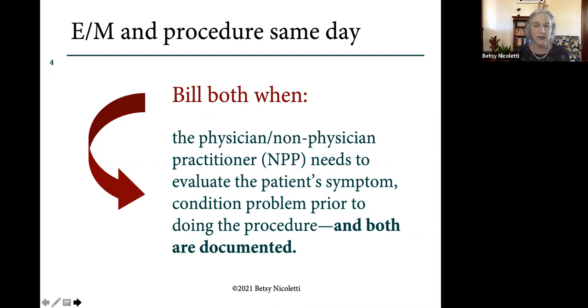And the patient agrees. You bill them for the E&M service. You have evaluated their knee pain, their osteoarthritis, and then you make the decision to do the procedure, and you bill for both of those. If the patient comes back in a week for some reason, a planned procedure, we bill only for the procedure.